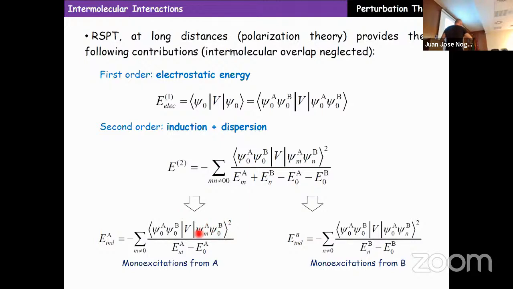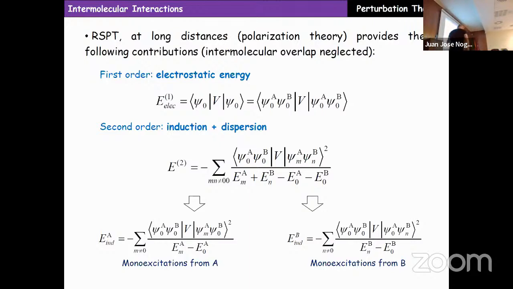So all excitations in the fragment A. This is the induction energy because it's the polarization of fragment A due to the unperturbed electron distribution of fragment B. I polarize only this one.